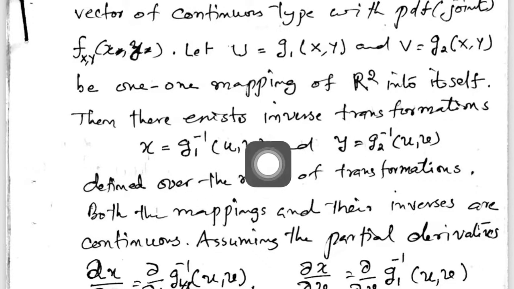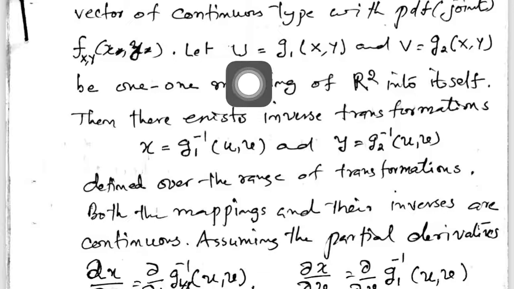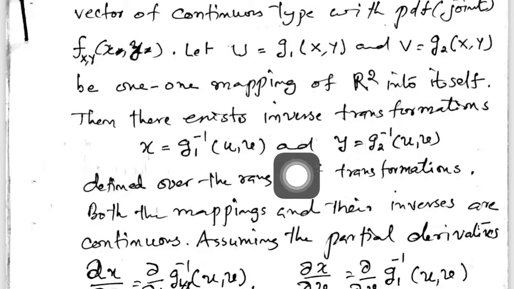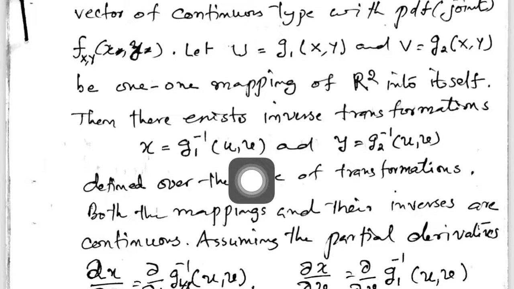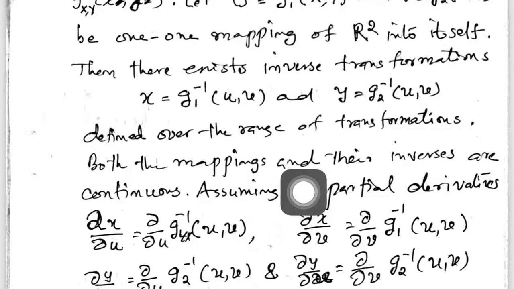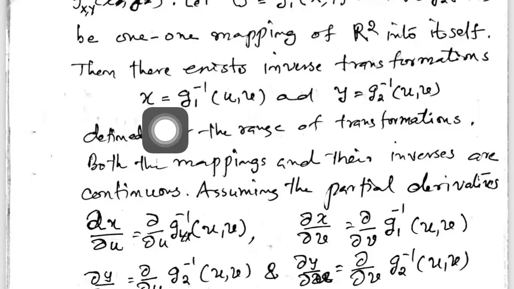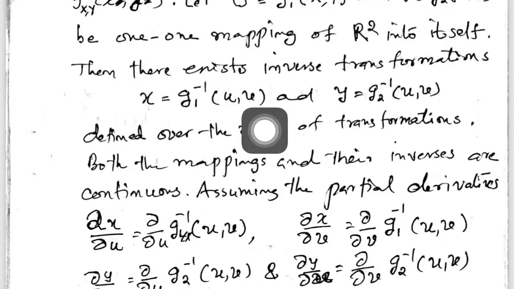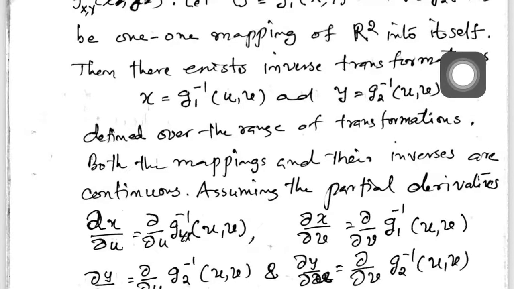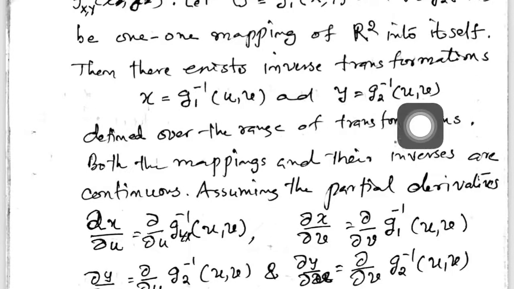So from these transformations, you can obtain the values of x and y explicitly in terms of u and v. And once x and y are explicitly expressed in terms of u and v, you will be able to find the Jacobian of the transformation. For that purpose, you have to find the partial derivative of x with respect to u, partial derivative of x with respect to v, partial derivative of y with respect to u, and partial derivative of y with respect to v.